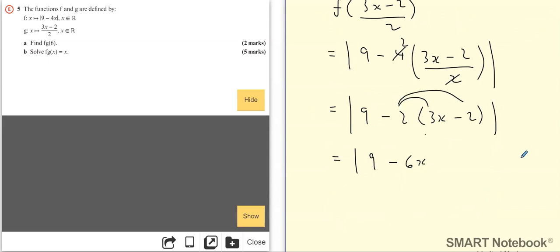Minus 2 times minus 2 is plus 4. So we are getting 13 minus 6x. So we are getting here modulus of 13 minus 6x. Are we happy with that? Is that what you got? And if you didn't, have you realized where your mistake lies?